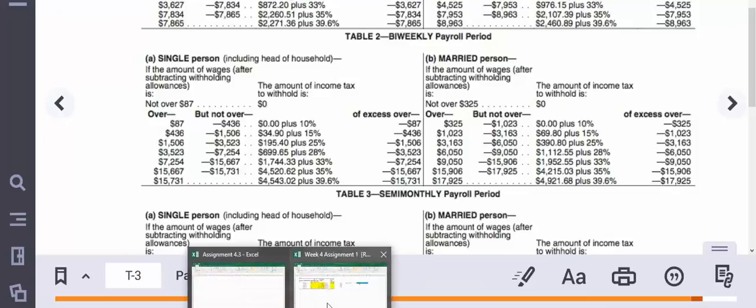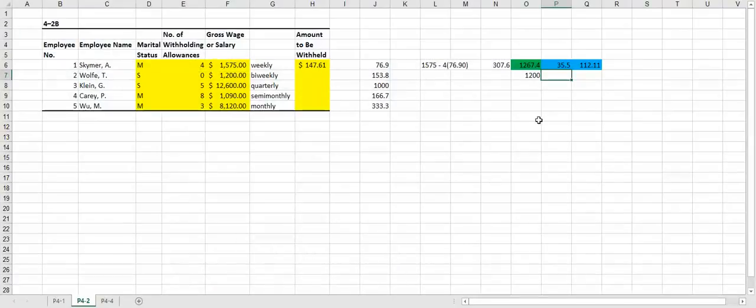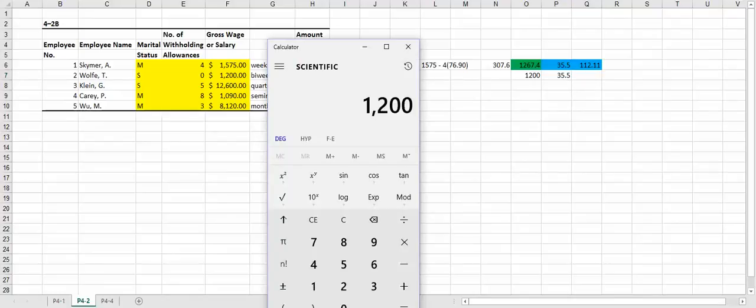So in this case, it is going to be the $3,550 plus 15% of anything over $443. So we're going to take his $1,200, subtract 443, which is $757, multiply that by 15%, which gives us $113.55.